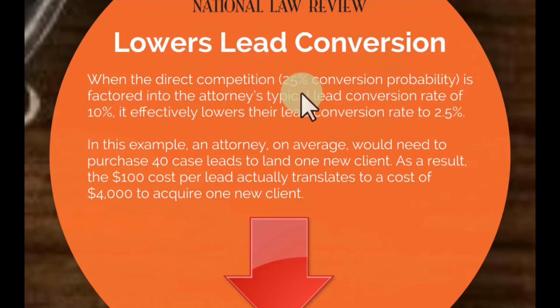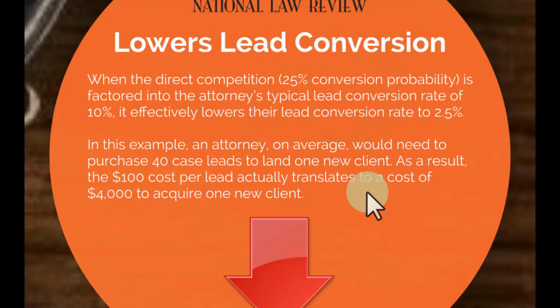So your $50 to $150 per lead doesn't look so attractive when you realize that you start out with the odds against you. In the example, this attorney would need to purchase 40 leads to land one new client. Assuming that you're paying $100 per lead, it will cost you, remember I used the term cost per acquisition, it's one thing to pay for a click, but then you've got to deal with the percentages. 25% is the best you can start with because 3 other lawyers have that lead.